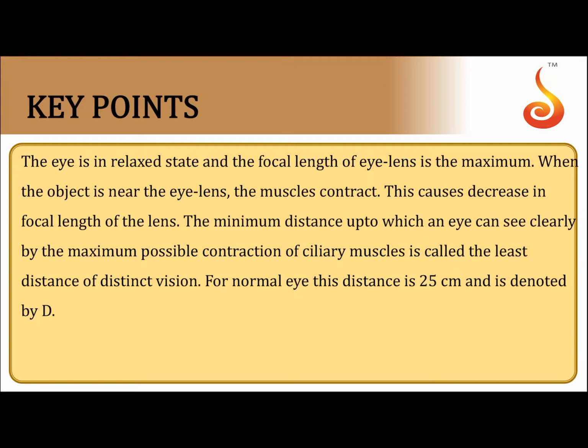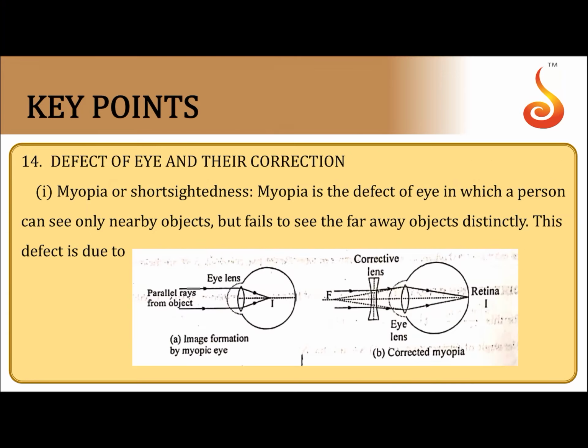This causes decrease in focal length of the lens, and the minimum distance up to which an eye can see clearly by the maximum possible contraction of ciliary muscles is called the least distance of distinct vision. For normal eye, this distance is 25 centimeter, denoted by capital D.